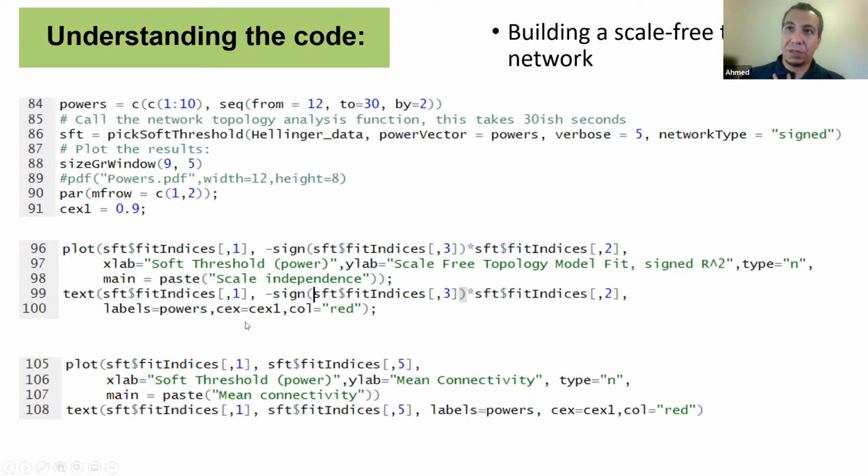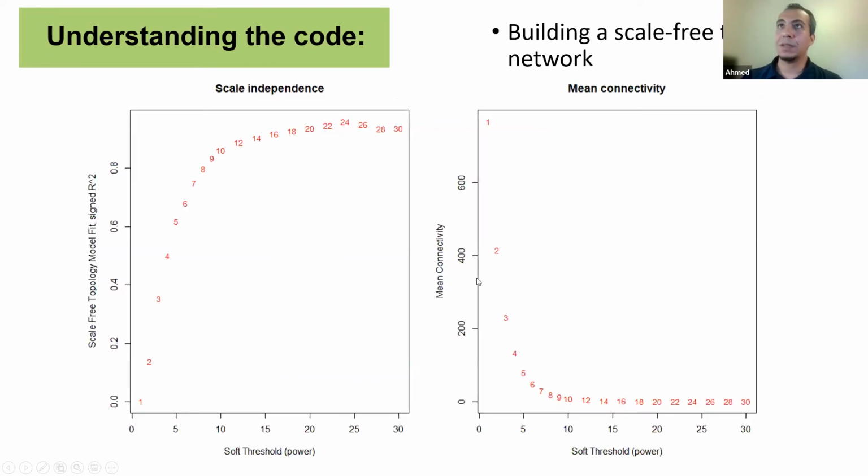And then you are plotting two things. You are plotting the R-square value for how the network is fitting your scale-free topology assumption, and the other is the connectivity within the networks that are generated. So these are two plots that I'm going to show you in a second. This is the scale independence and the mean connectivity.